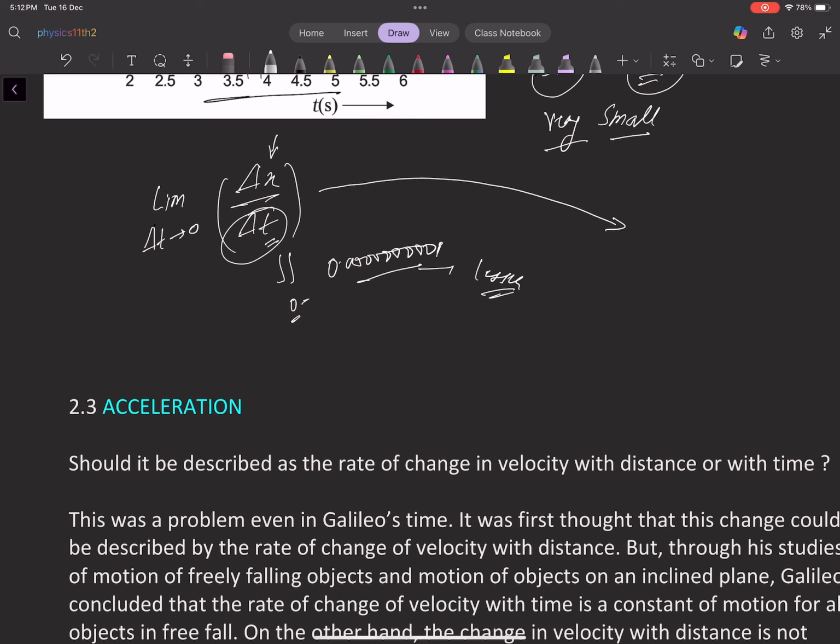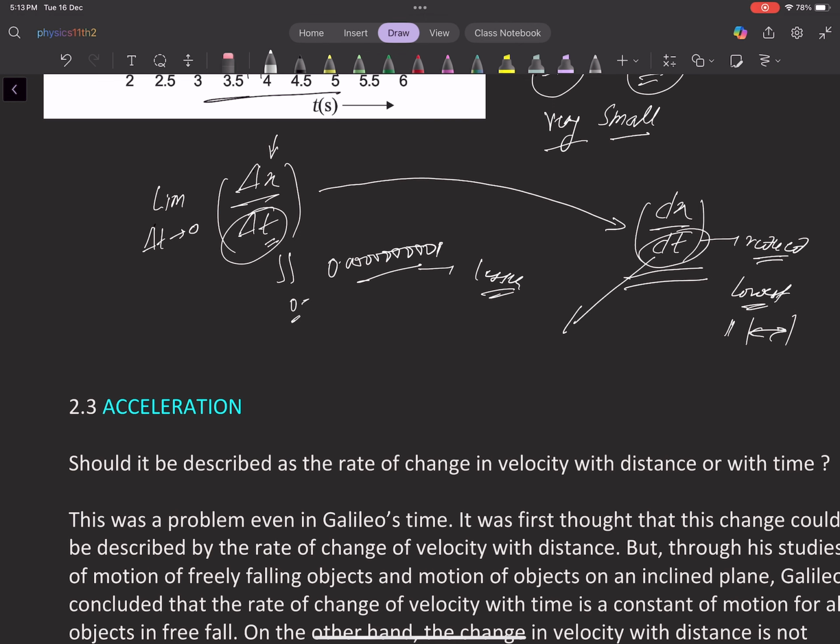This we will represent as dx upon dt. So whenever you come across such an expression, you must understand that the time interval has been reduced to the very lowest margin. The interval is very, very, very small, right?